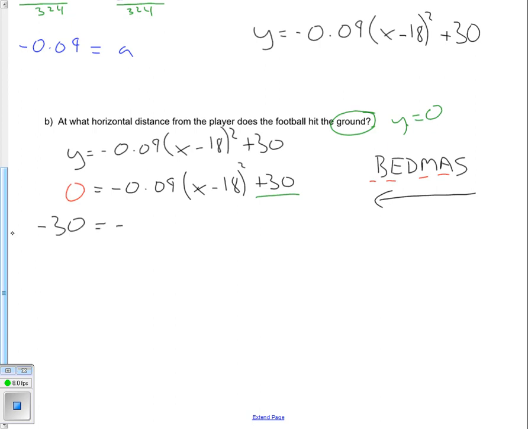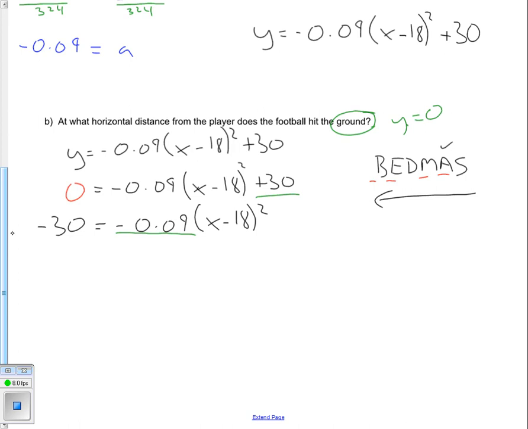So negative 30 equals negative 0.09 times (x minus 18) all squared. And so I've moved that over. So now that I've dealt with my addition, the next thing that I have to deal with is any multiplication. Well, there is multiplication, and it's happening right here between the negative 0.09 and the stuff that's in the brackets.